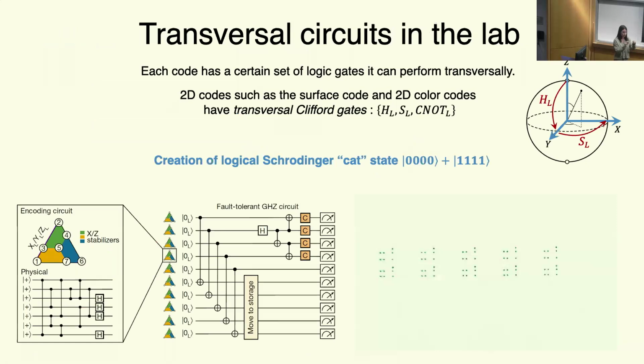We're checking the parities of physical qubits to detect errors on the logical qubit. Yeah, so when we want to probe the fidelity of this state, we're going to measure it in different bases and then reconstruct the logical values of that circuit. Does that make sense? Yeah, I think. Of course. More questions?